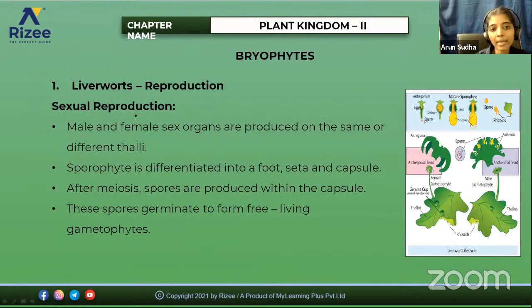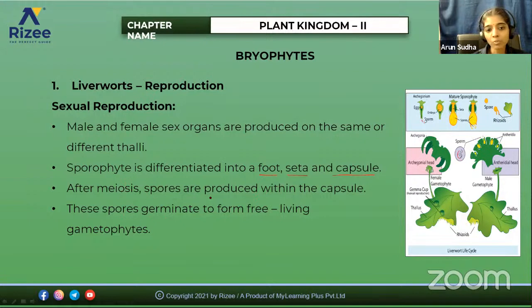And the male and the female sex organs are produced on the same or different thalli. So it may be either on the same thalli or on different thalli. So this sporophyte is differentiated into foot, seta, and capsule. That we saw, foot is responsible for absorbing the nutrients from the gametophyte, and seta transports the nutrients from the foot to the capsule.